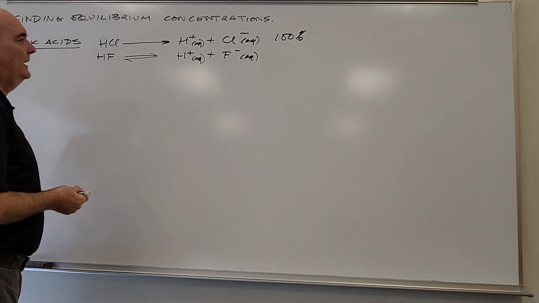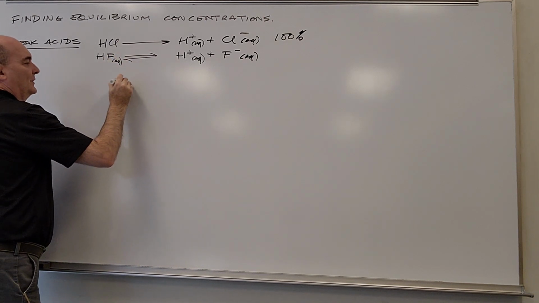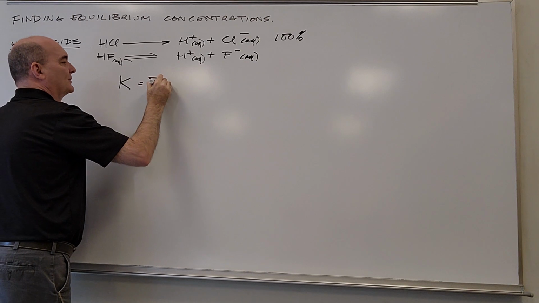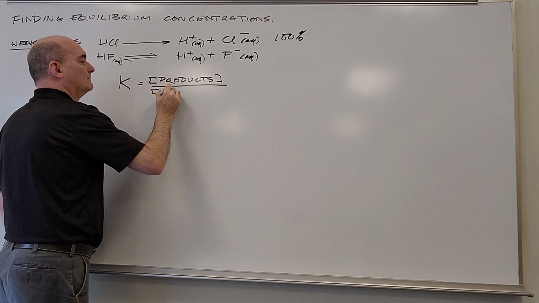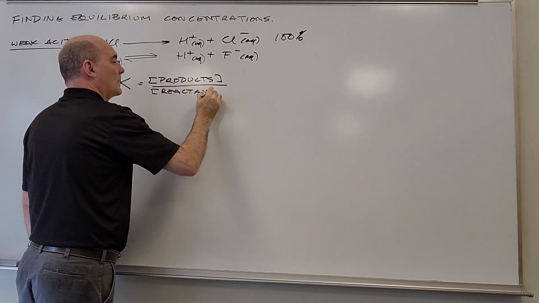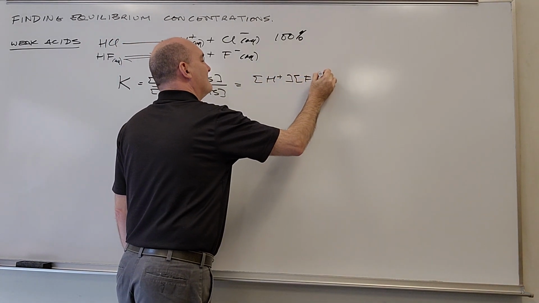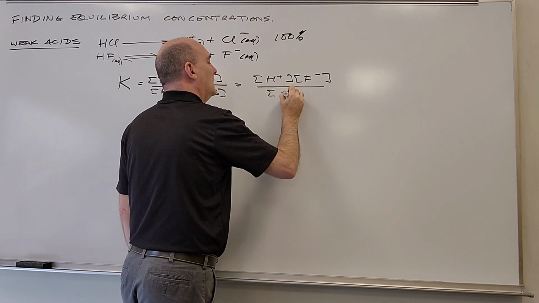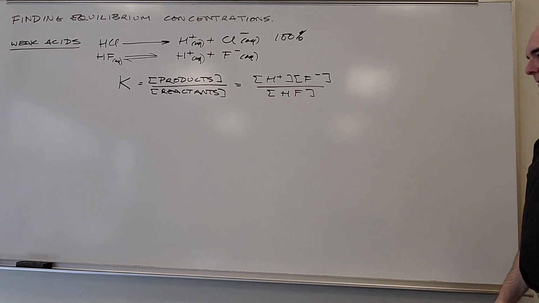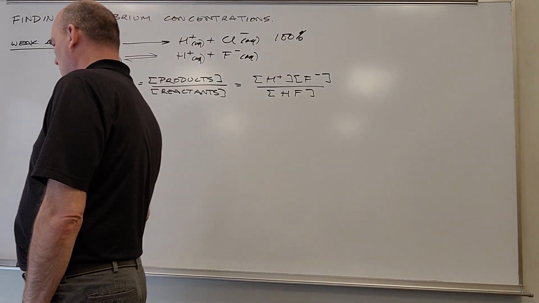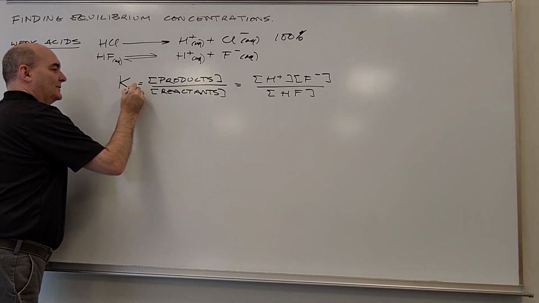And the amount that gets to put into solution, K, which is product of reactants, gets to be the product side divided by the reactant side. Because this is now the acid dissociation constant, that gets to be Ka.